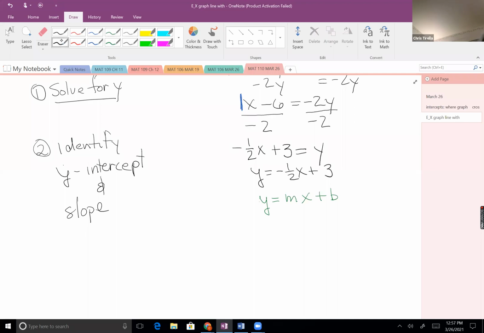Or we can just remember that m, the slope, will always be the x coefficient. I once heard somebody described it as being married to the x. And so the slope is negative 1/2. And b is the plain old number, that constant term, or 3, and that's my y-intercept.